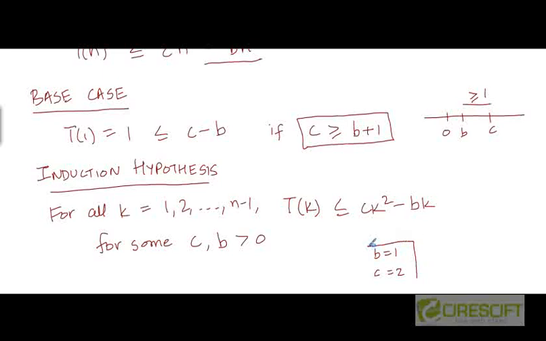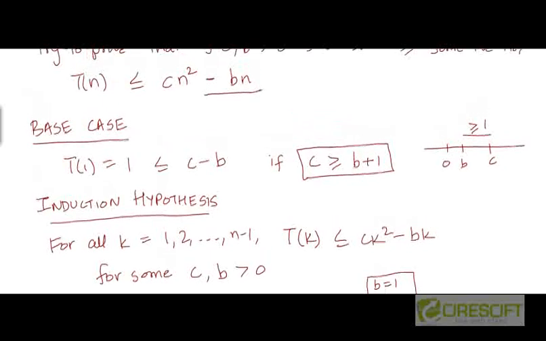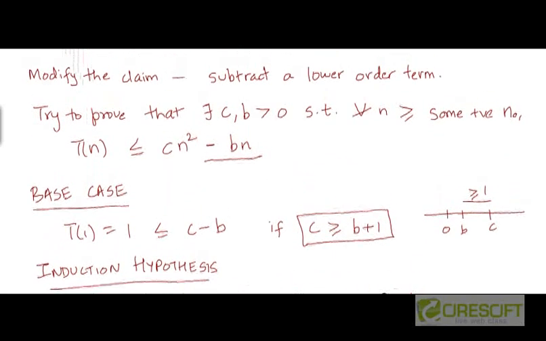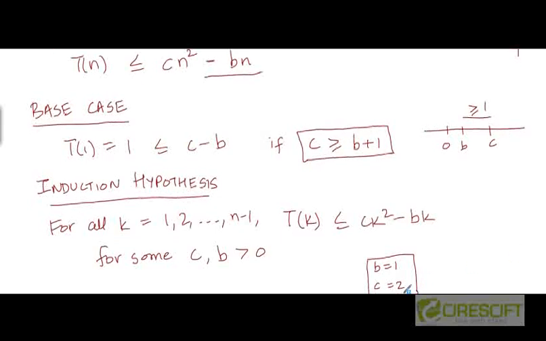For these two values of the constants b and c, we have effectively proven formally that for all values of n greater than or equal to 1, so this n naught is 1, for all values of n greater than or equal to 1, T of n is less than or equal to 2n square minus n, substituting c as 2 and b as 1.